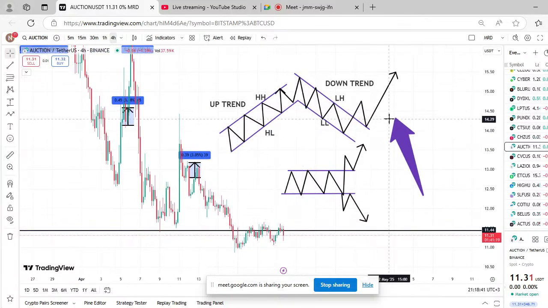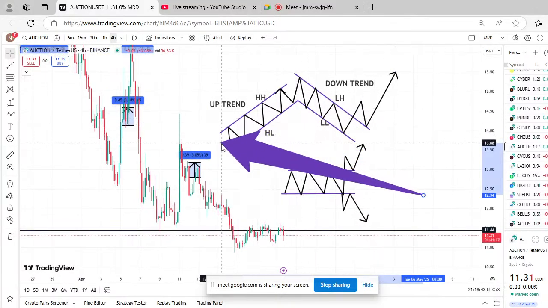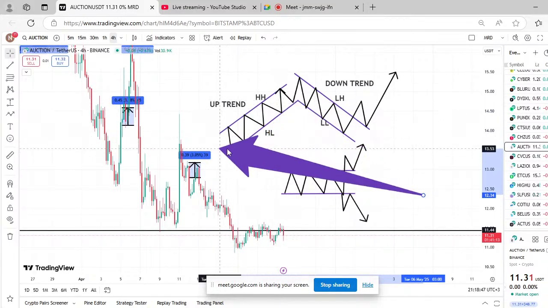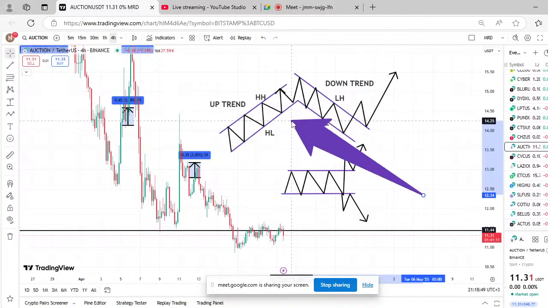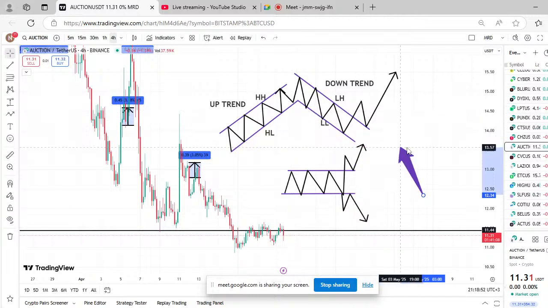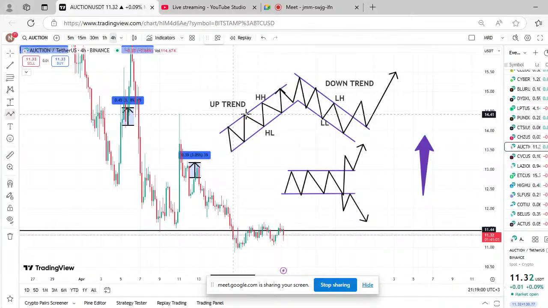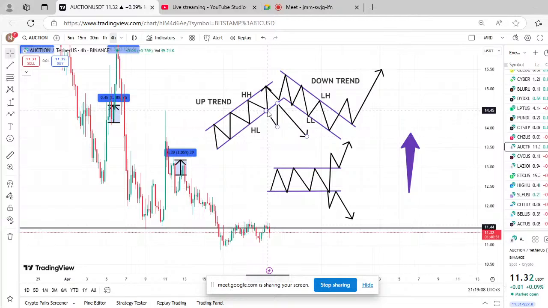In an uptrend, to change the character, we have to break the support, test it, then move down.